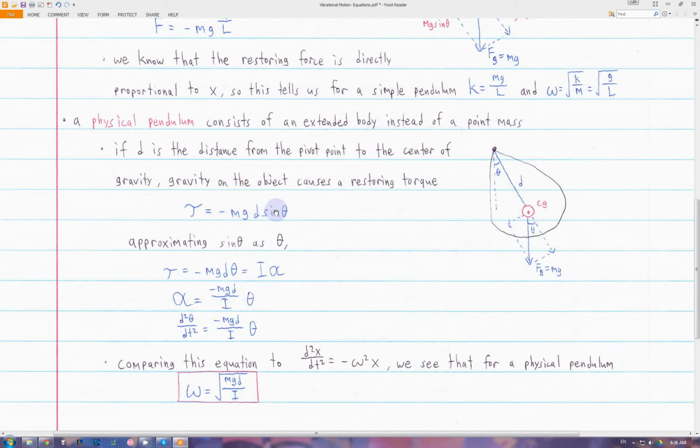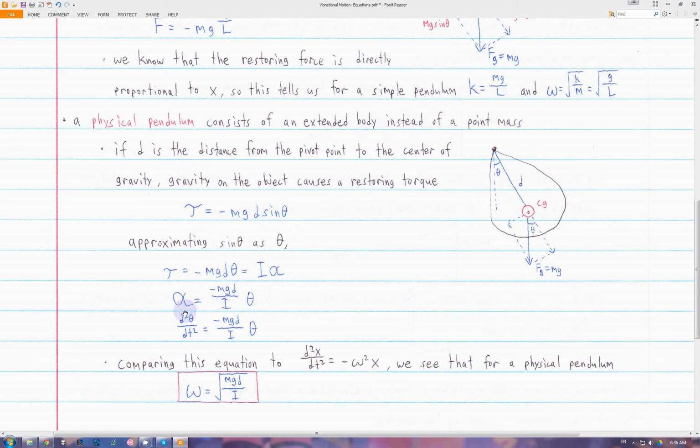And then again, we can approximate sine of theta as theta if the angle is small enough. So we have the torque is equal to negative mg d theta. And using Newton's second law for rotational motion, this is also equal to the moment of inertia times the angular acceleration.